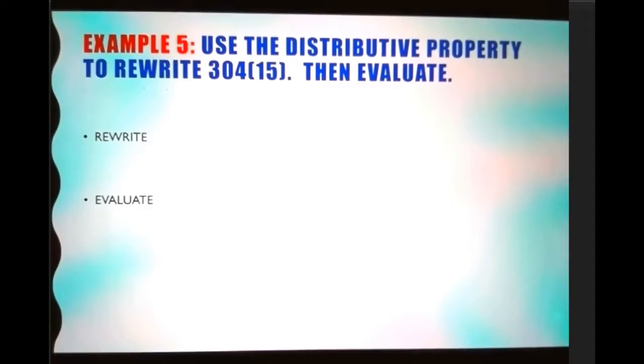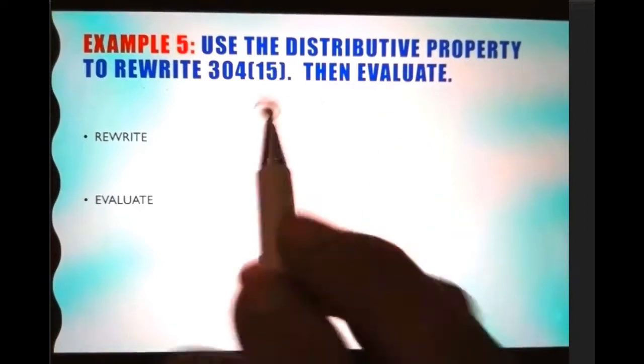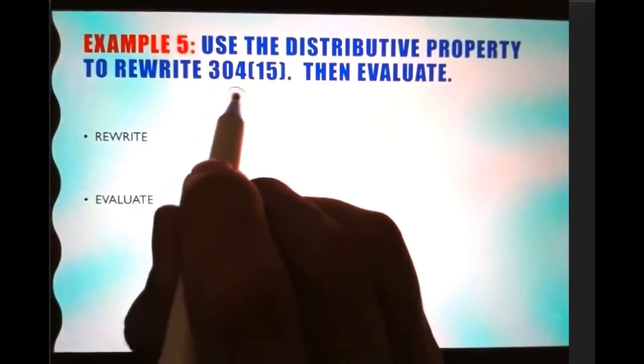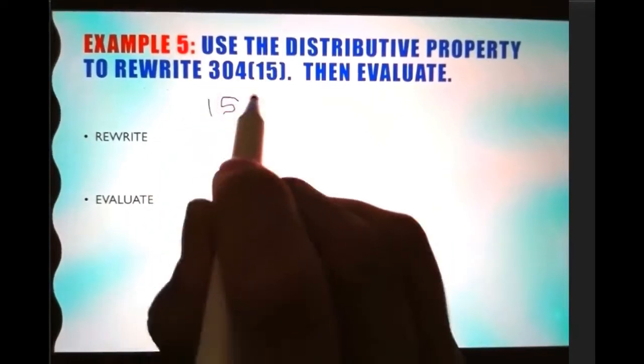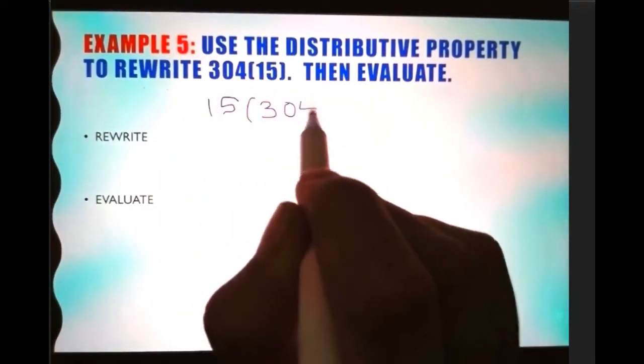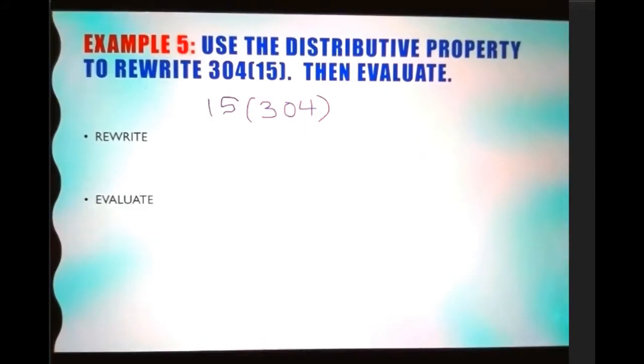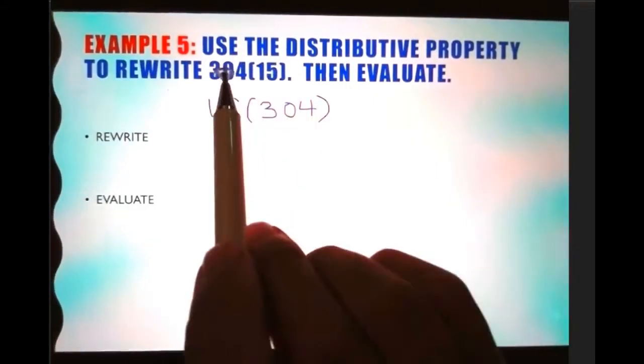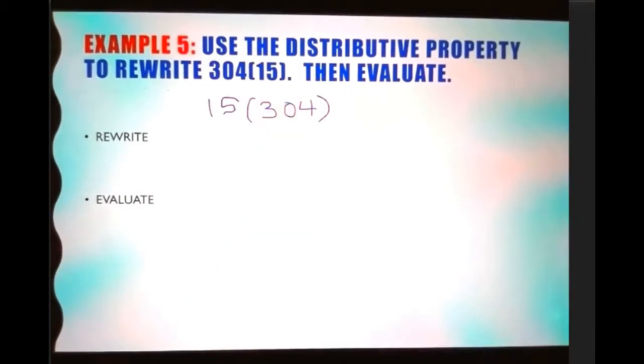Okay, so guys, guess what? You don't always have to rewrite the second number. Multiplication is what property? What's it called if I take 304 times 15 and rewrite it as 15 times 304?